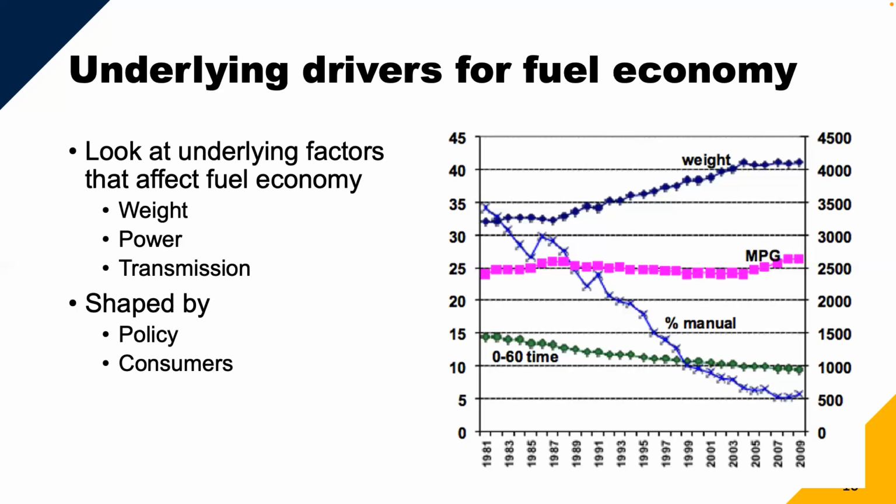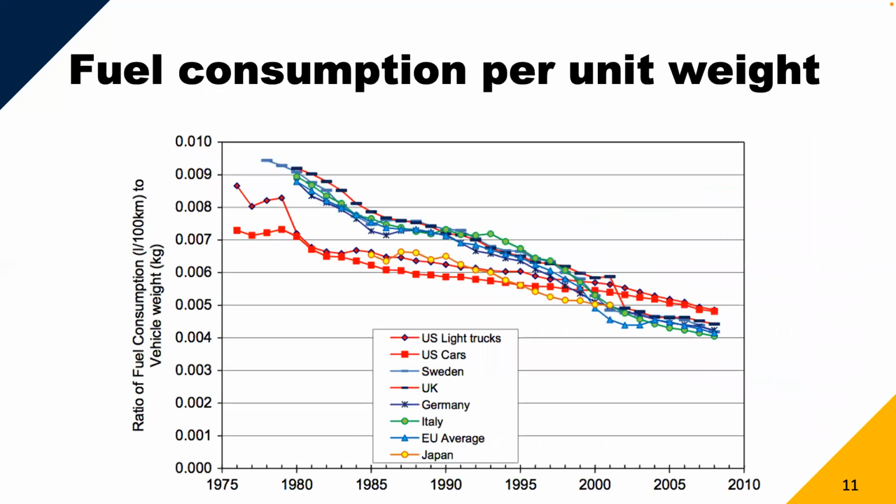Following that time period, in the first Obama term, they introduced new fuel efficiency standards, which have since improved fuel efficiency. But going back to this idea, looking at weight and power, we can see that efficiency per unit weight has improved substantially over time, even in the time period where the actual fuel efficiency of the vehicles was flat.